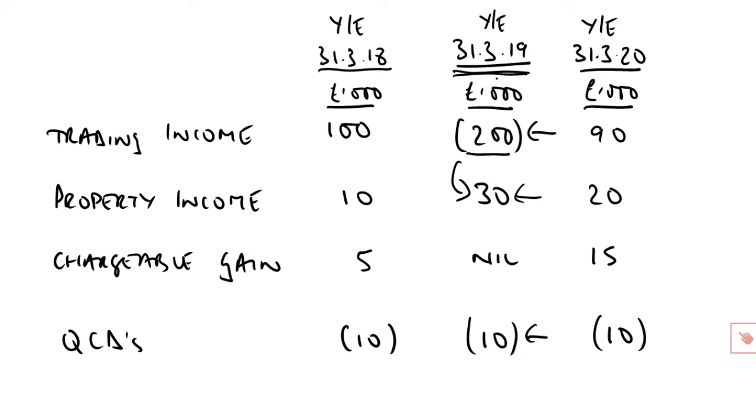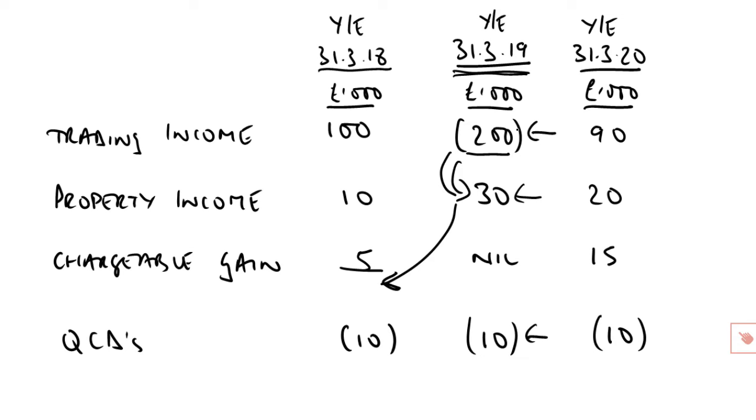That is notwithstanding the other options we've already dealt with. We could set it against the total profits of the current period. If and only if we've done that, we can then go back against the total profits of the previous 12 months. But let's now assume that we carry it forward.